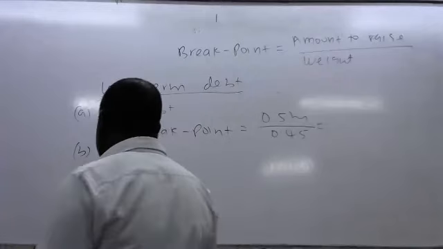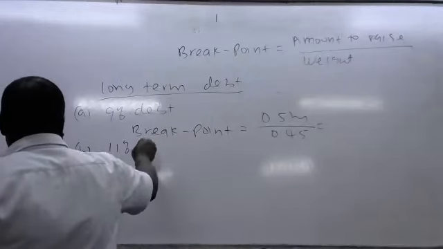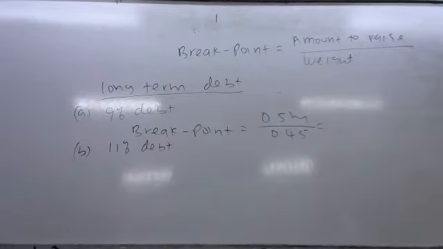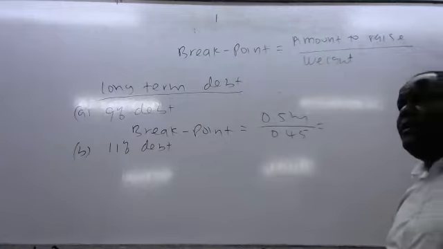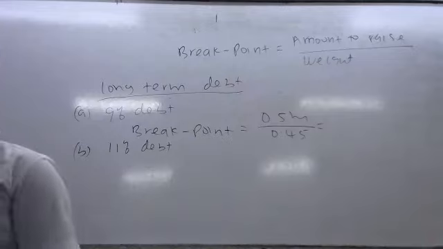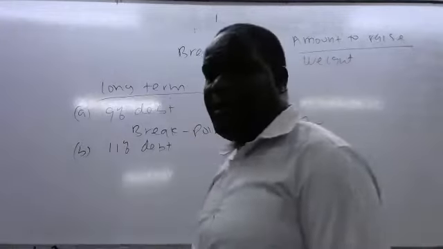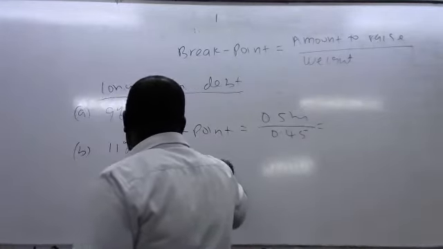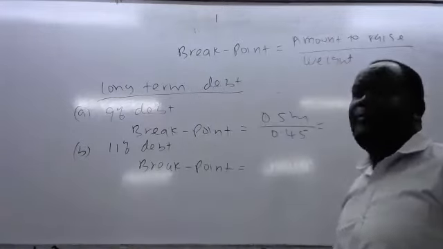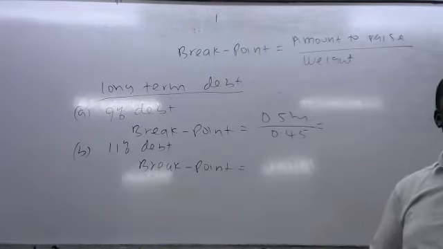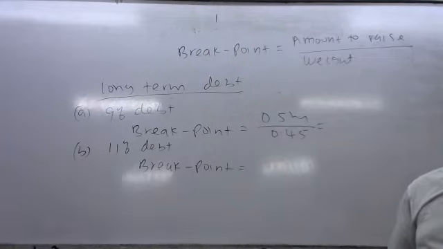The second one is the one for the 11% debt. They are saying it is from where to where? 500,000 to 900. The difference is 400. To compute the break point for that level, they are in the same source of finance, so I get the cumulative.